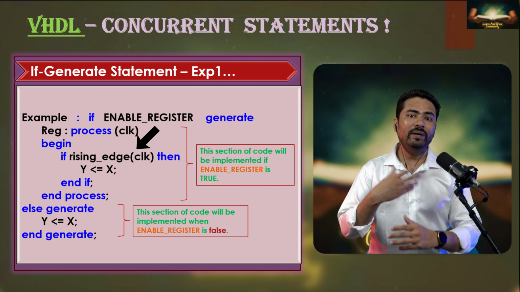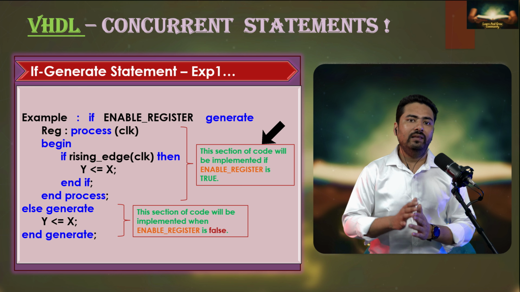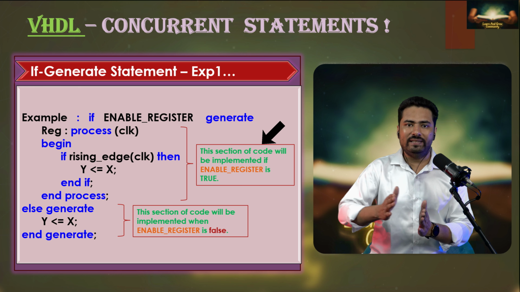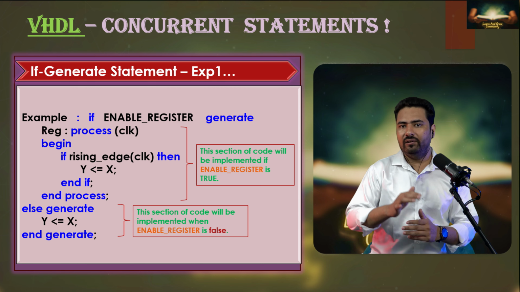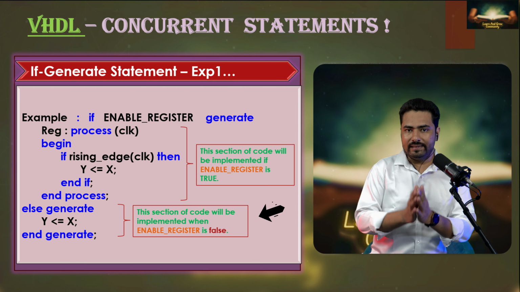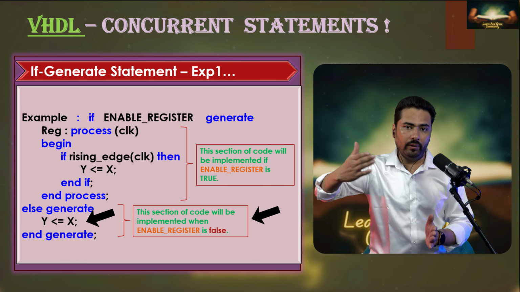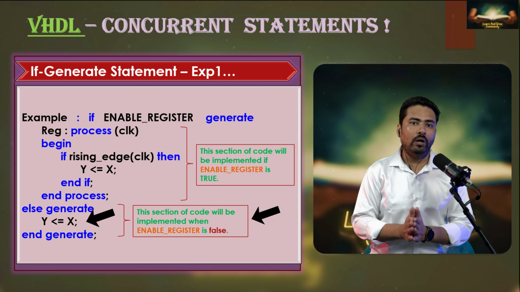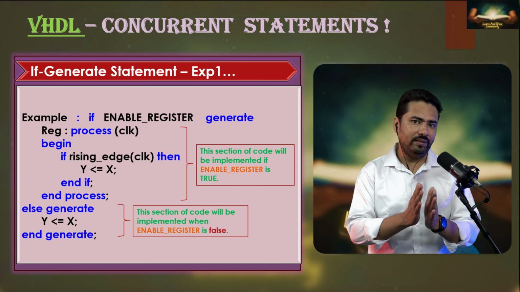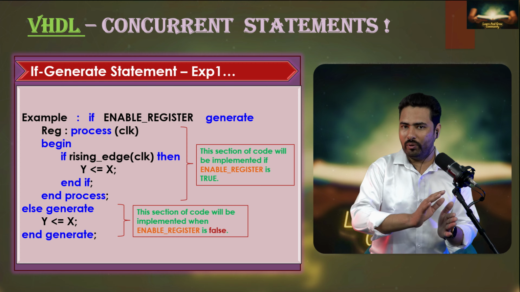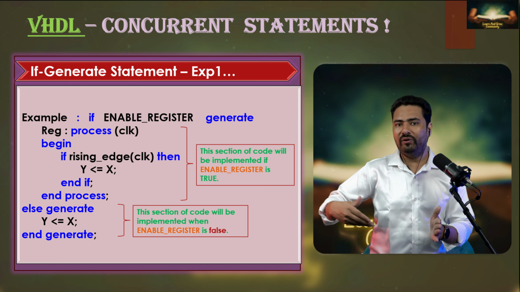So if enable_register is true, then one flip-flop will be added to signal x. Otherwise, if this condition is false, the signal will move straight from input to output without any flip-flop. It means a simple wire will connect the output to the input without any hardware in between.